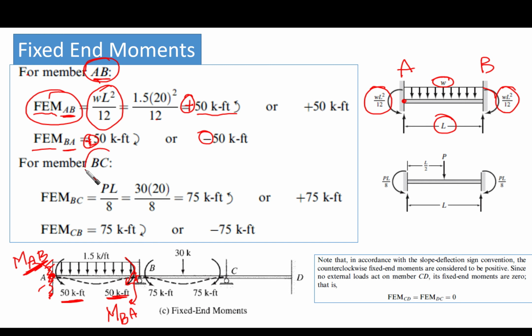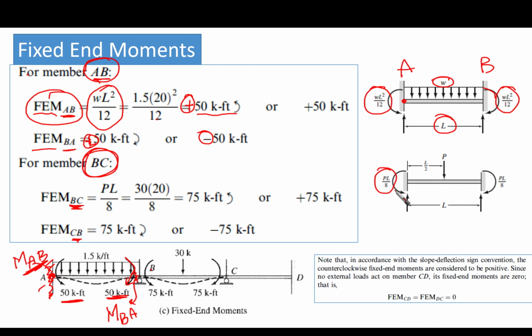Now let's go to member BC. We're going to find that we have two fixed end moments, FEM BC and here FEM CB, right? The first one, from the reference back cover, is PL over 8.